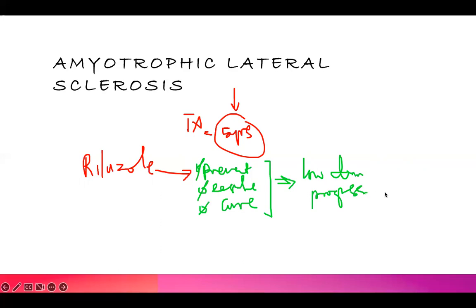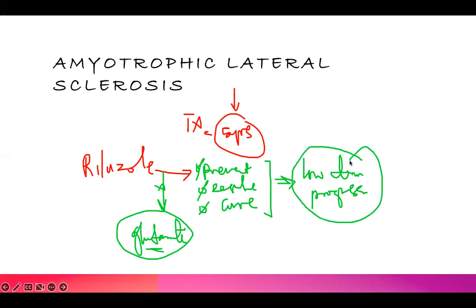How? We think it binds to glutamate, which is the chemical that binds to the neurons and destroys the neurons. So riluzole is an antagonist to glutamate and gives you some time in the progression.